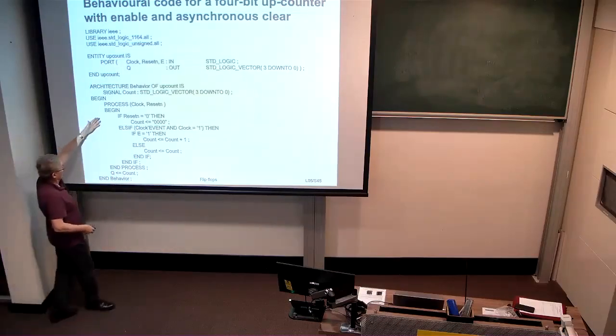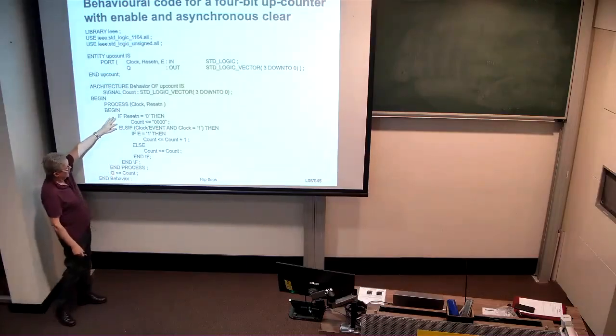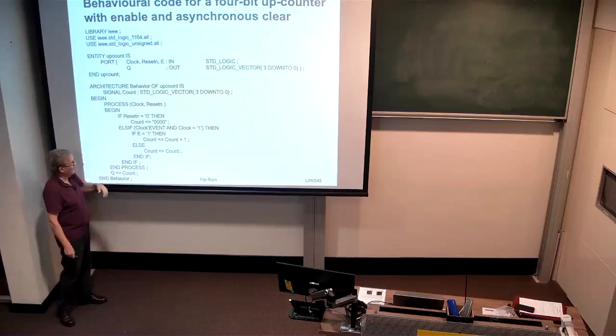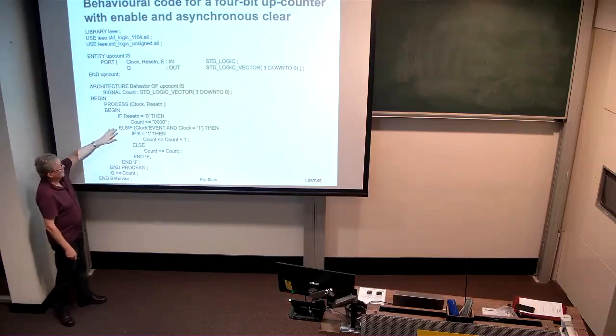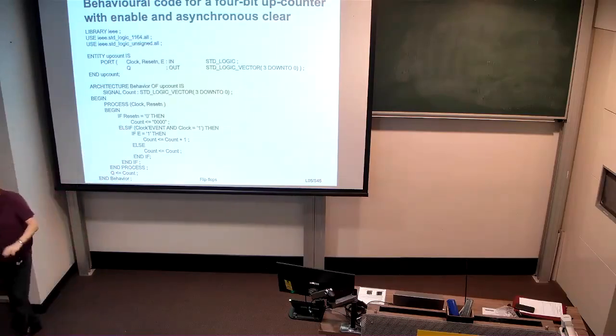Inside this process, it should be reasonably straightforward to see that we have an asynchronous reset for the count to make that 0 if the reset is asserted, if it goes low. Otherwise, on a rising clock edge, if the counter is enabled, increment the counter. Otherwise, the counter stays the same. Okay? And finally, we assign that count value to Q.